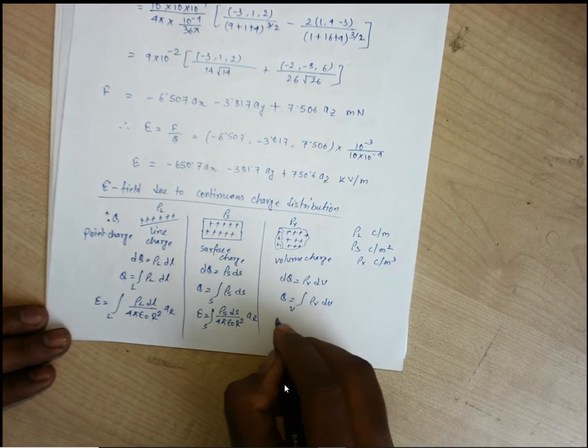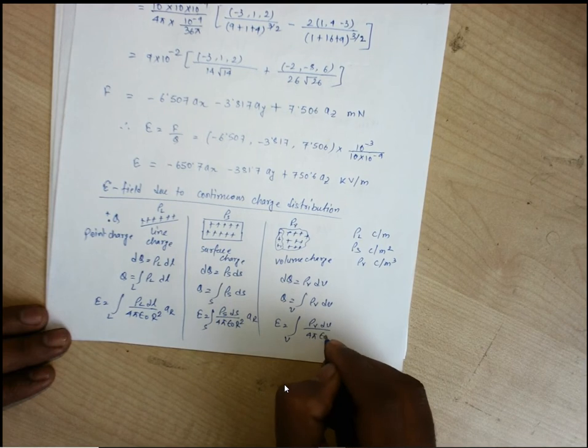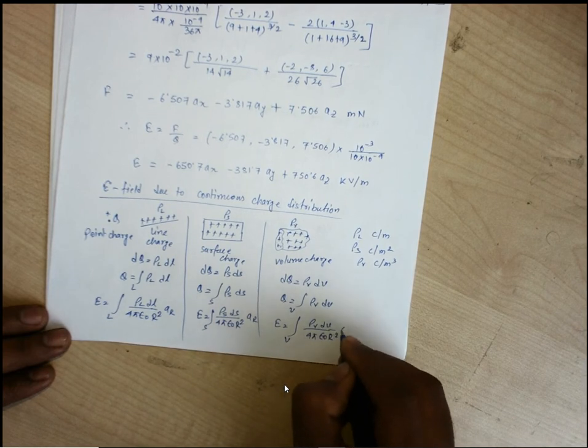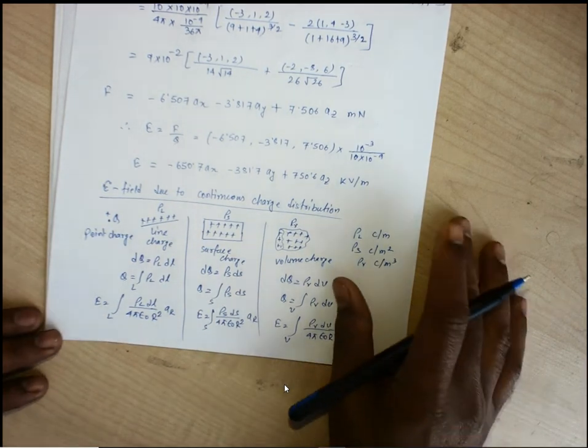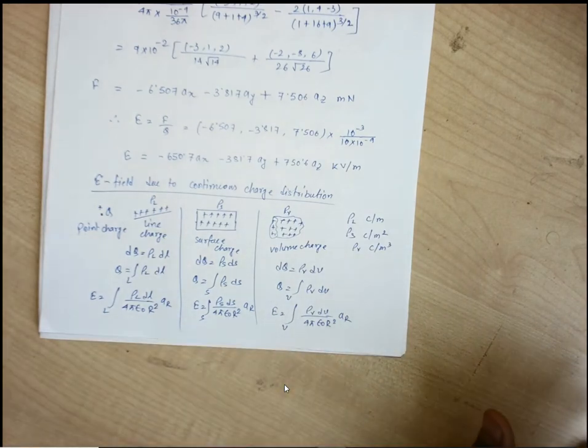For volume charge, E is volume integration rho V dv by 4 pi epsilon naught r square ar. Fine. So these are the different charge configurations.